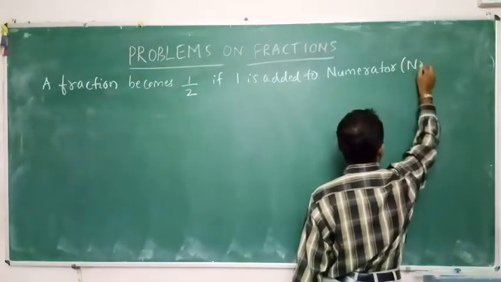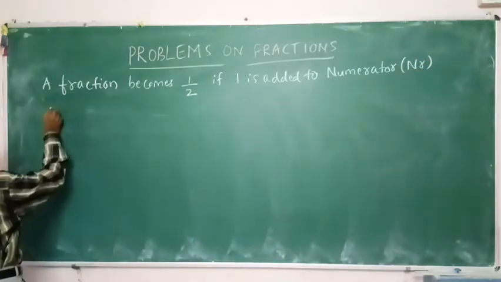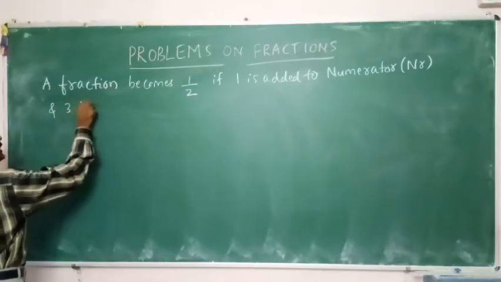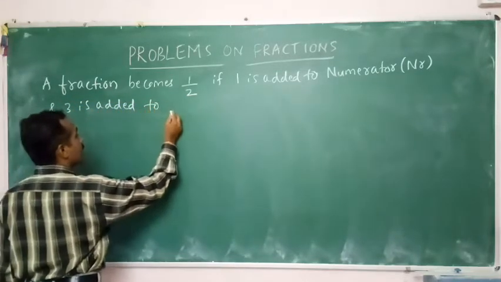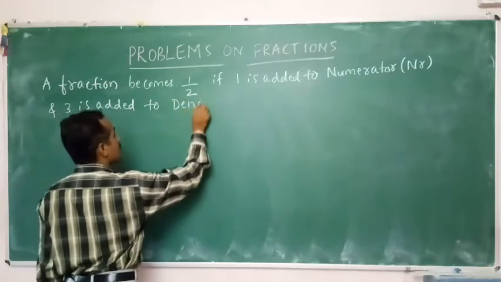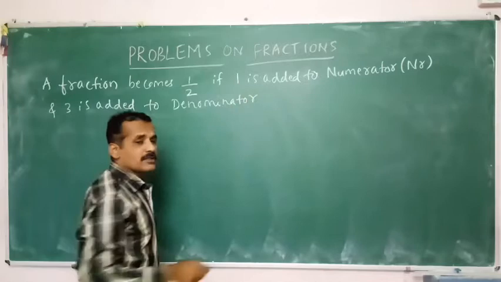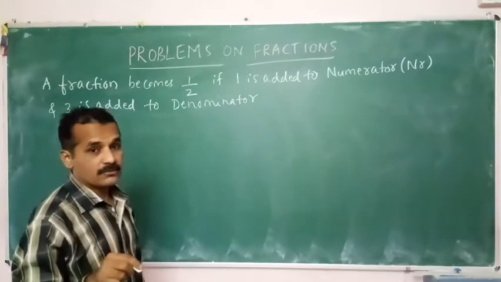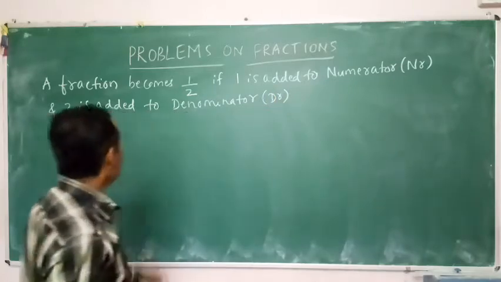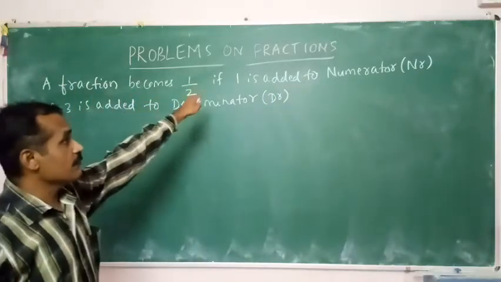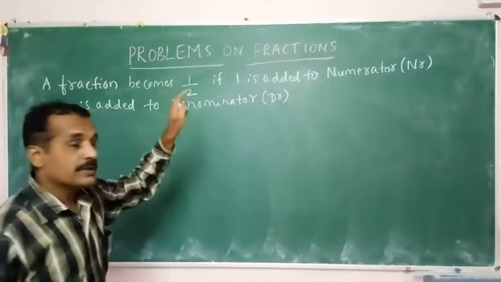If 1 is added to NR and 3 is added to denominator. Hereafter I will use DR for the denominator. A fraction becomes 1 by 2 if 1 is added to NR and 3 is added to DR.